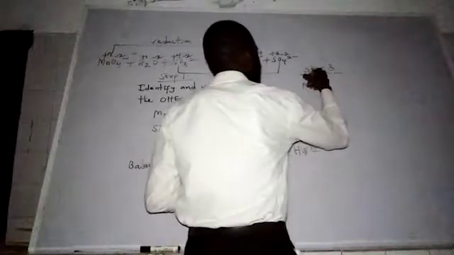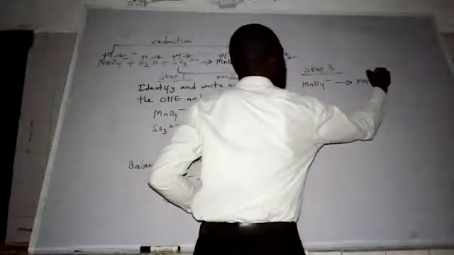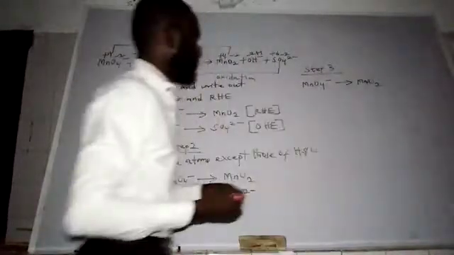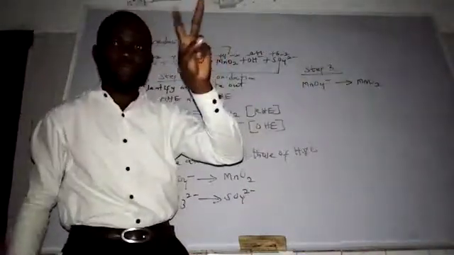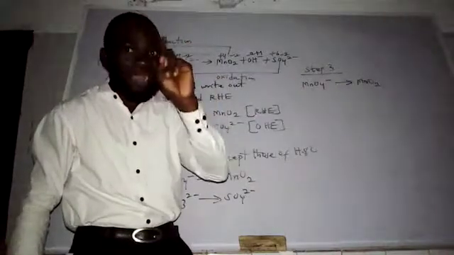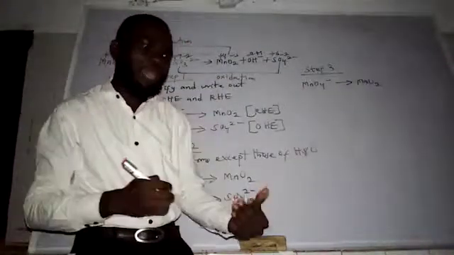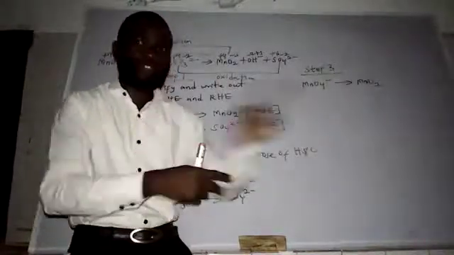I have MnO4 minus going to MnO2. Now, I have 2 excess oxygen molecules, and the rule is that for an extra oxygen atom, I will add a water molecule to the same side and 2 hydroxyl ion to the other side.